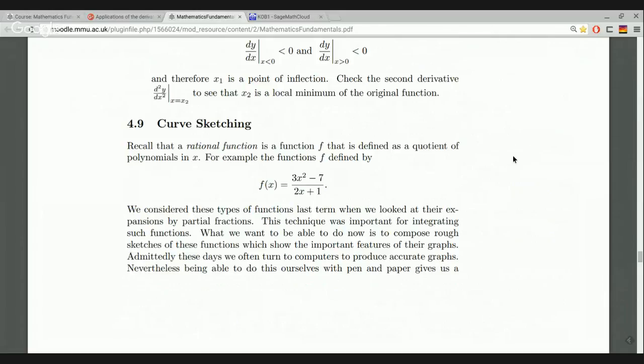This topic would have been far more important in the past, when we didn't have nice computerized tools available at our fingertips. So to produce accurate graphs of functions, this would be very much the kind of procedure you go through.